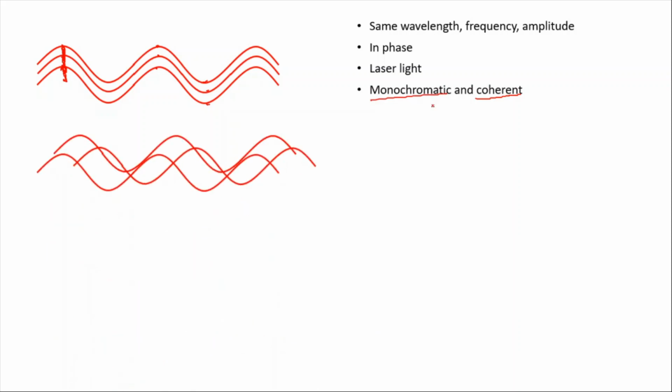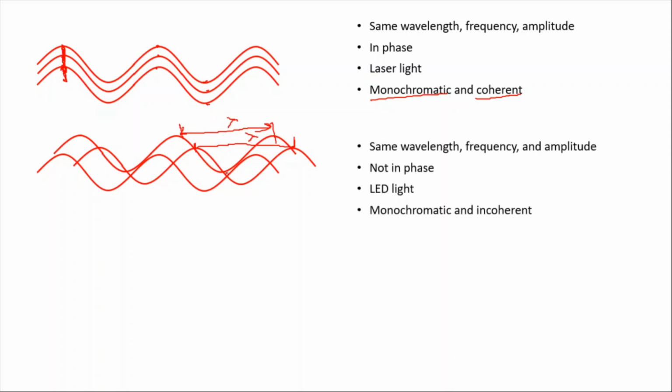What is the difference between monochromatic and coherent light and non-coherent light? Now this light, as you see, has a constant wavelength. Here is the wavelength of the first one, and this is the wavelength of the second one. Their wavelengths are the same, lambda and lambda, but they are not in phase. If they are not in phase, it means this is not a coherent light.